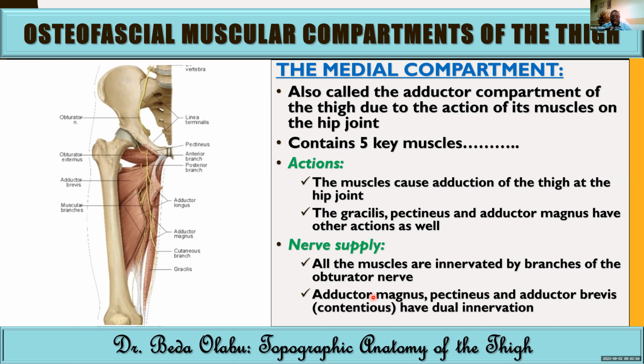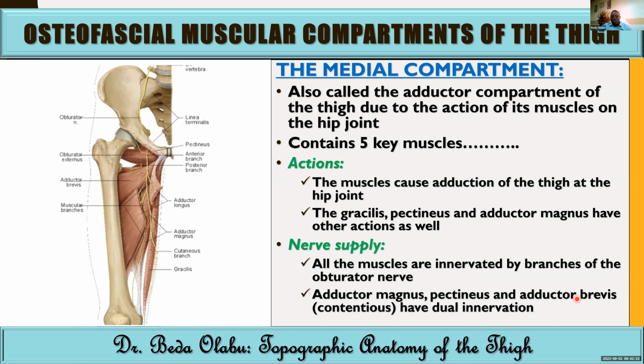So that's why it has dual innervation. Pectineus also has dual innervation because it's partly in the anterior thigh, innervated by the femoral nerve, and partly in the medial thigh, innervated by the obturator nerve. So those two are categorically dual innervation.